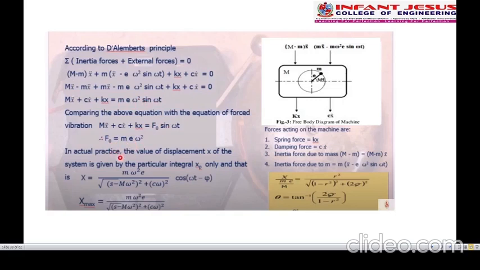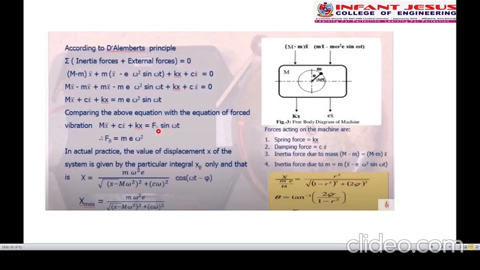But in actual practice, the value of the displacement is given by the particular integral only. There is no value from the complementary function. Here we get the value only from the particular integral.